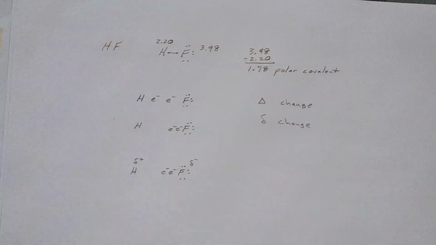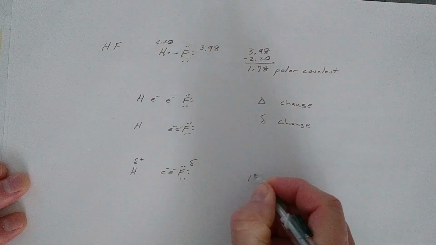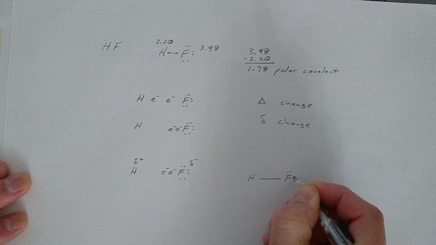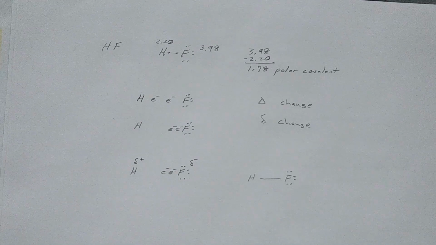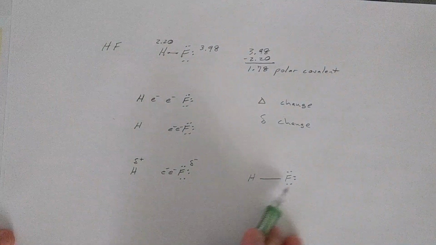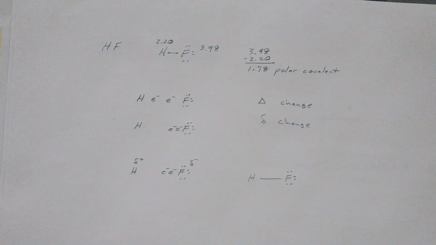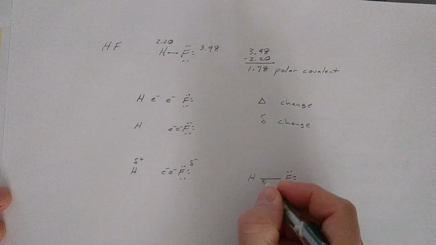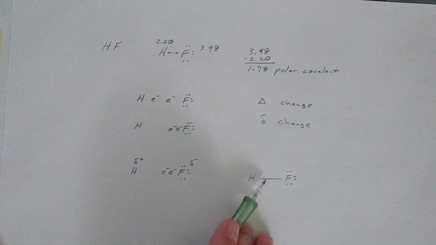Let's go back for a second and look at HF. We can redraw this and we shall say H and F. Is there a way to use our Lewis structure to indicate the polarity of the bond? And the answer is yes, there is. What we shall do is we shall indicate the positive end of our dipole by drawing a plus symbol.